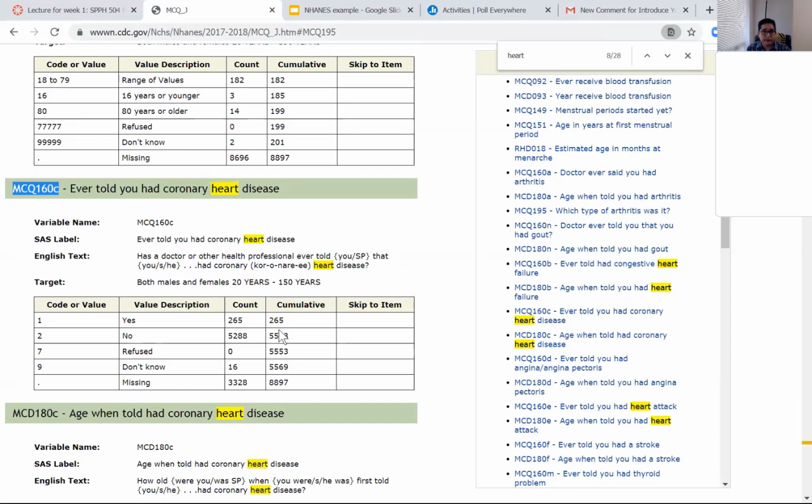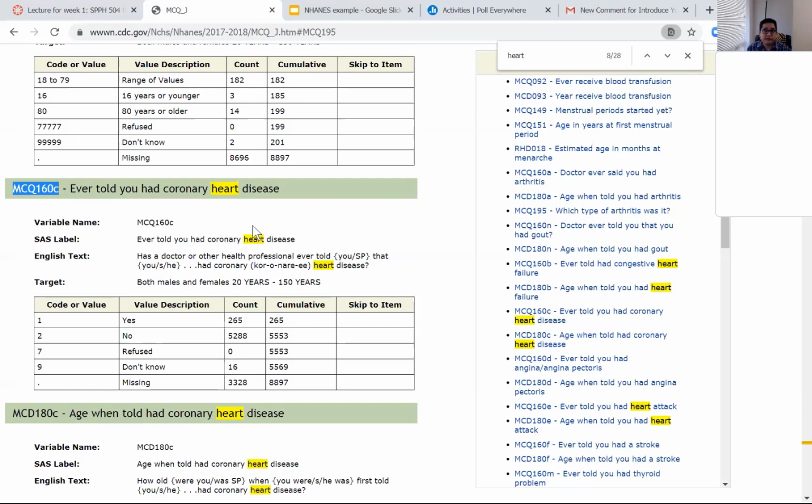One point I need to stress is that when you are asking the exposure related question, that has to happen before your outcome, right? But this is cross-sectional data. Is there a particular way to determine whether this heart attack or this heart disease happened before you had your rheumatoid arthritis or after, right?